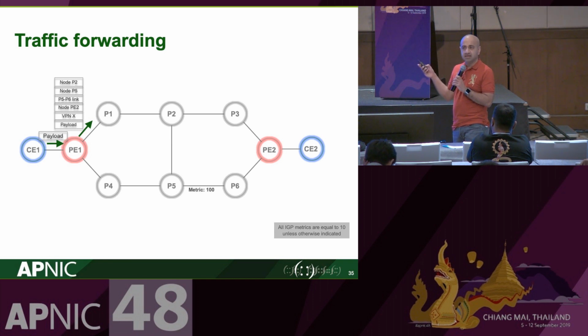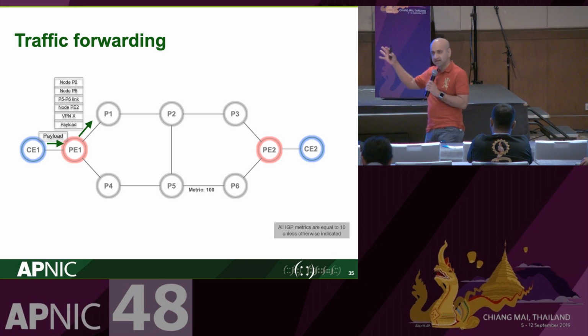That is the SID for P2. Does anyone remember the SID for P2? It was 102, I think. Yes, the segment ID for P2 was 102. We won't use it, but it had a SID, and that number stays the same.